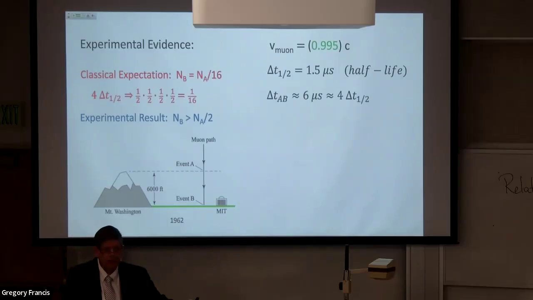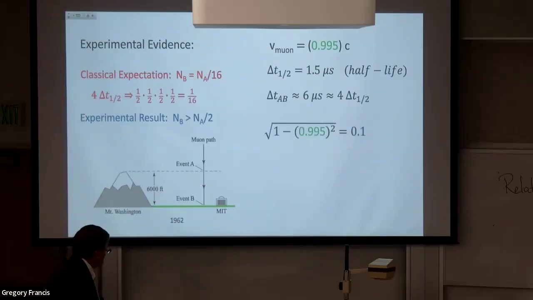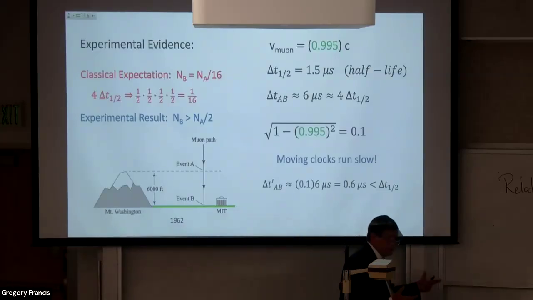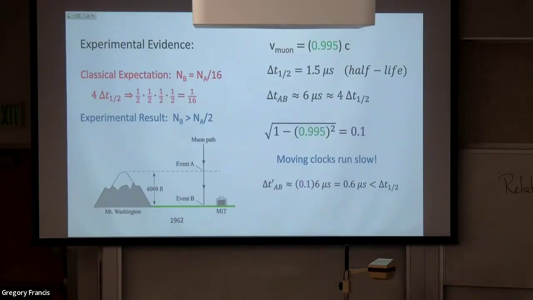And so if I'm moving very quickly, my aging process is slowed, just like any other clock would be slowed going approximately the speed of light, okay? And so what that means is that the moving clock, namely the lifetime of those muons, has to be multiplied by this relativity factor.